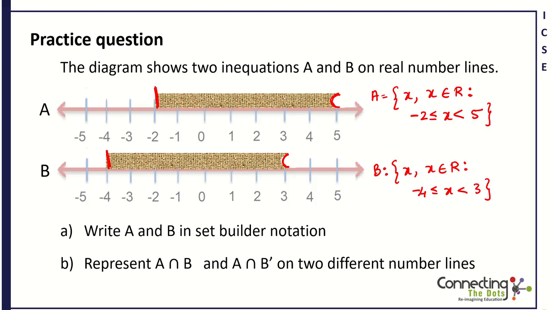What is the intersection? How do we represent A intersection B in set builder notation?